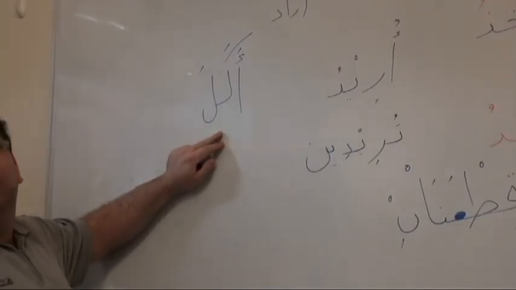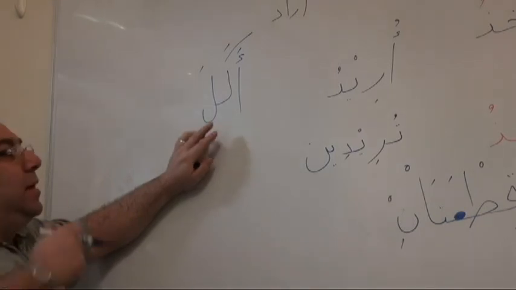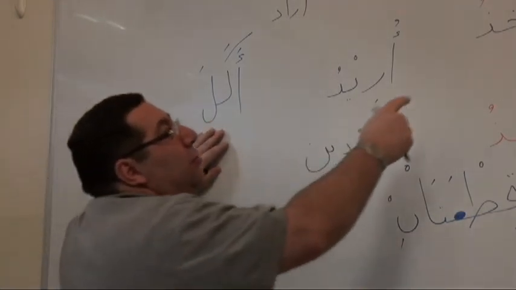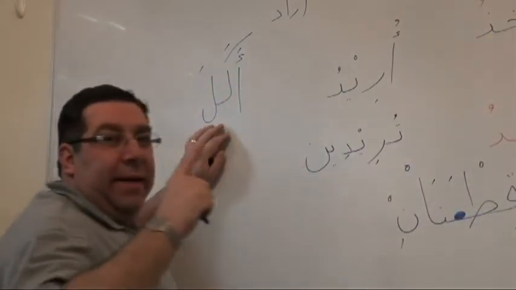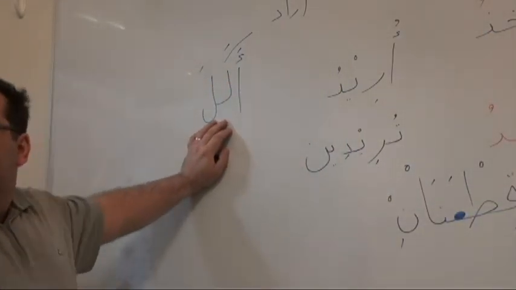Akala. Akala is similar to akhadha, I mean the first letter is alif.